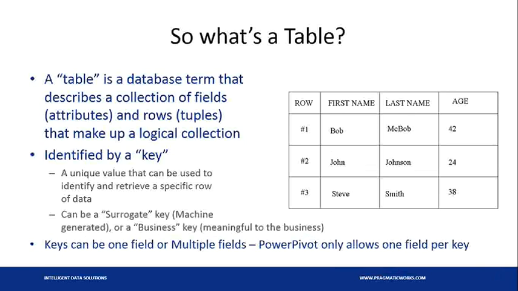Think about Bob McBob. If Bob McBob has 5 kids named Bob, which actually George Foreman does, if you know who George Foreman is, he has 5 sons named George Foreman. How do we tell each of them apart? The only way to tell them apart is to look at a lot of different attributes, and that combination of attributes is what makes him unique.